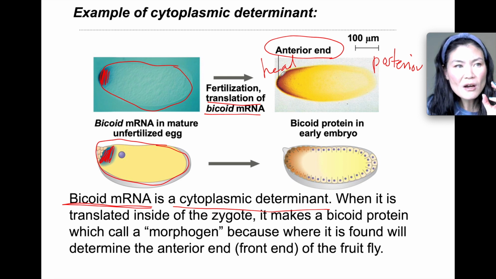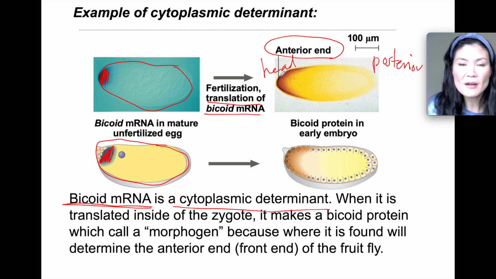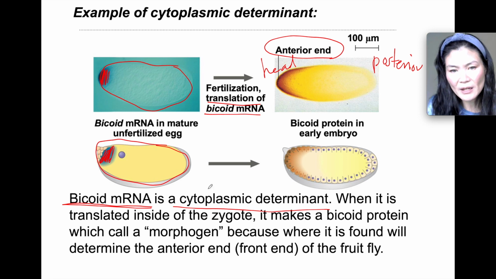Okay, so what's happening here is that you start off with no form. You start off with just a plain egg, but then eventually it's going to take form, and that's called morphogenesis, where the embryo is taking form. It's going to eventually grow a head, a butt, arms, legs, wings, etc. Okay, so the bicoid protein is called a morphogen.